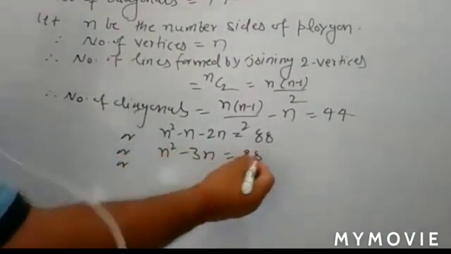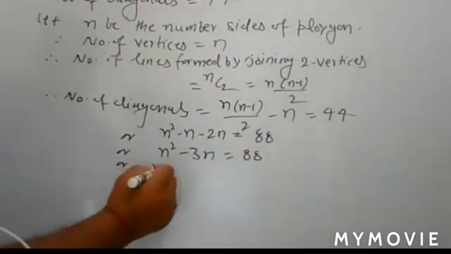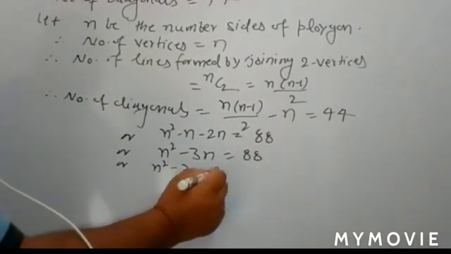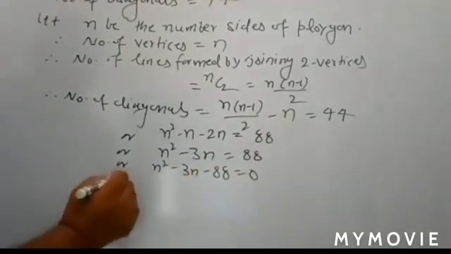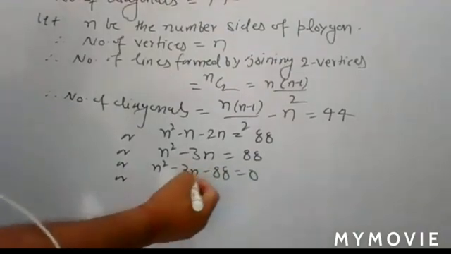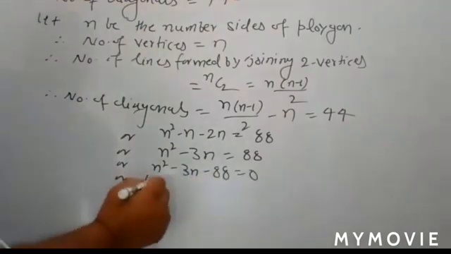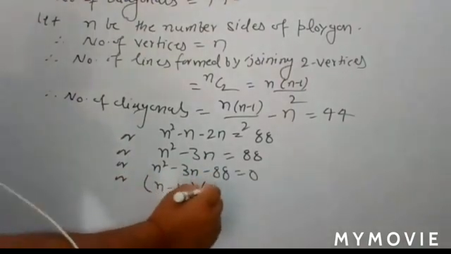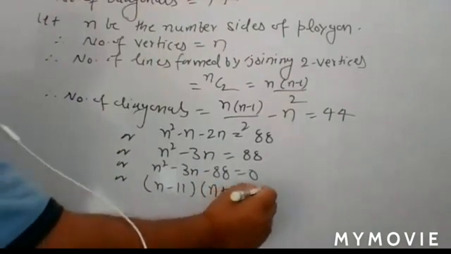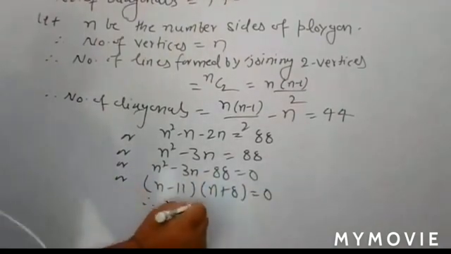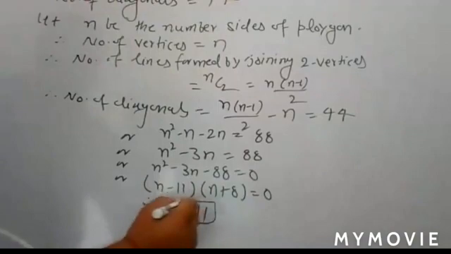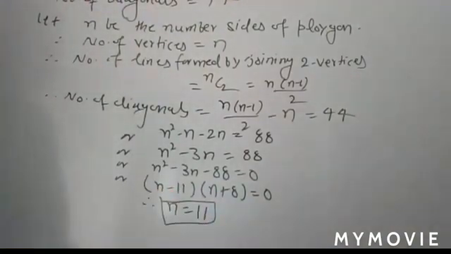You take the factors: n square minus 3n minus 88 is equal to 0. So 11 and 8, and the difference of 11 and 8. So you have n minus 11 and n plus 8 is equal to 0. So you have n is equal to 11, because a negative value of n is not possible. So here the value of n is 11, meaning the number of sides of the polygon is equal to 11.